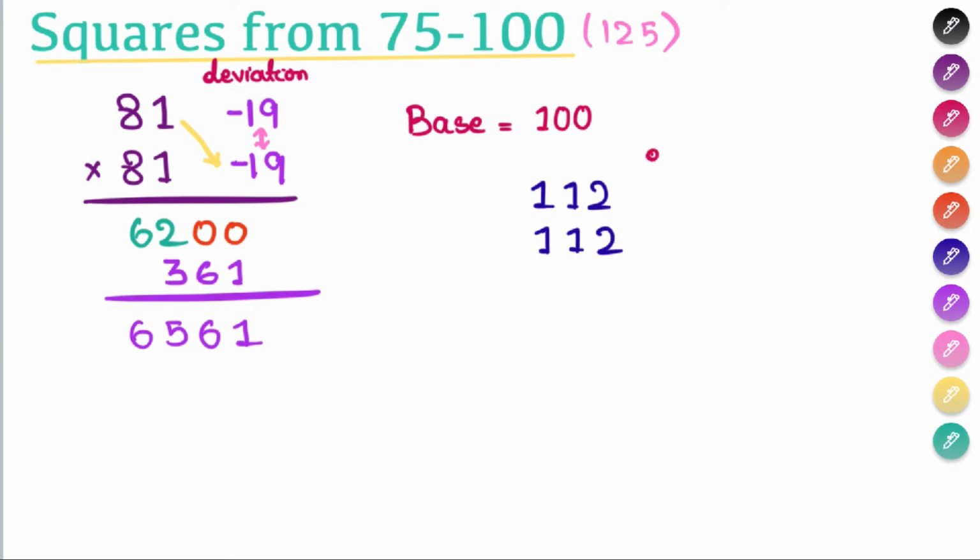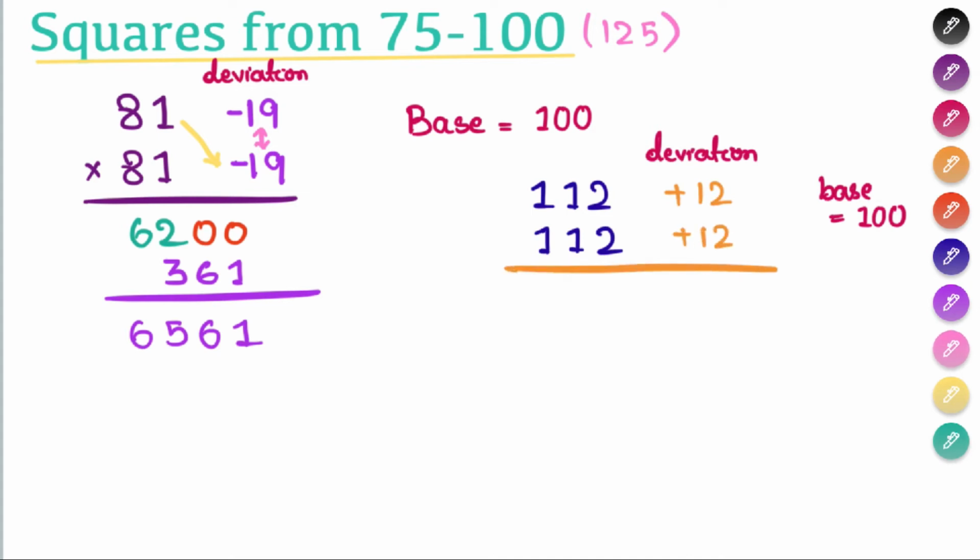Now 112 square. Again here also we take base equals 100, and the deviation in both cases would be plus 12.